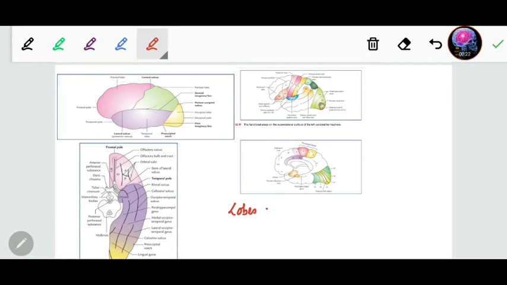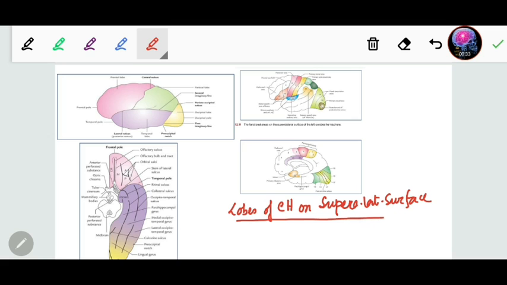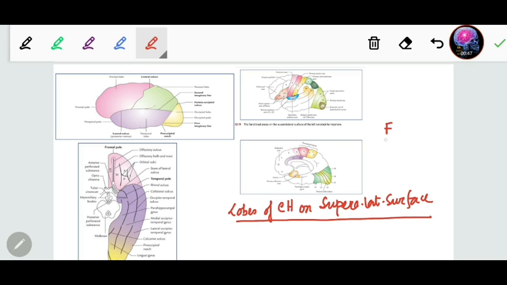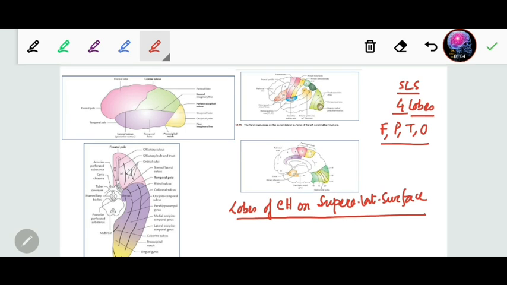Division of lobes of cerebral hemisphere on the superlateral surface. There are four lobes: frontal, parietal, temporal, and occipital. There are four lobes on the superlateral surface, and this is done with the help of three main sulci: central, lateral, and parieto-occipital sulci.